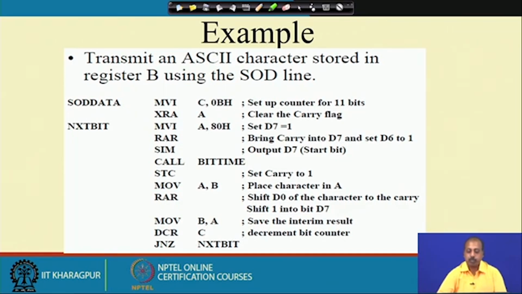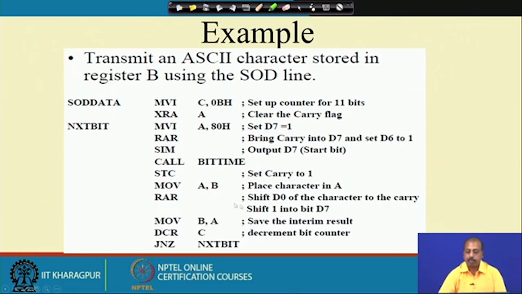Then we set carry to 1 and then MOV A, B. So, this will place the character we had in the B register into the A register. Then we do a RAR. So, the D0 bit of the first character in the accumulator will go to the carry, and the carry was set to 1 as you see here.